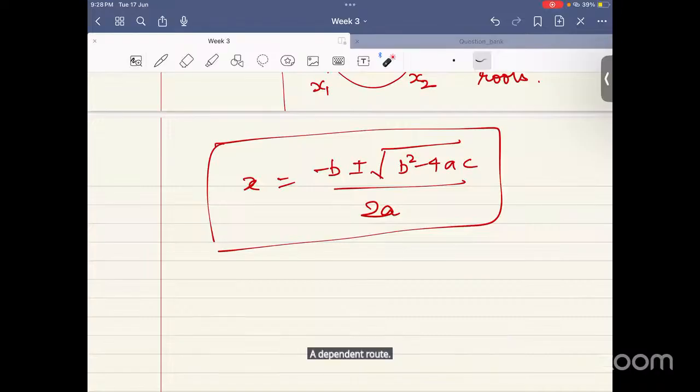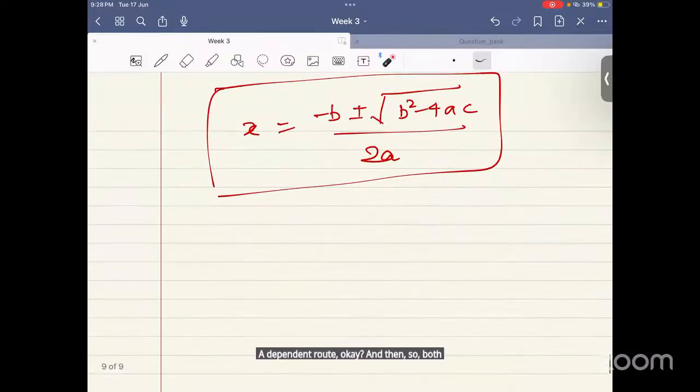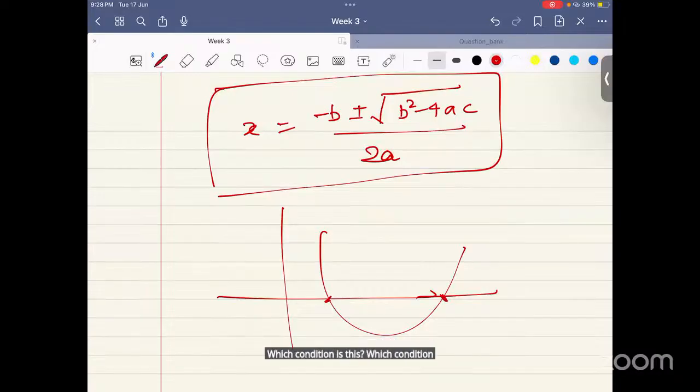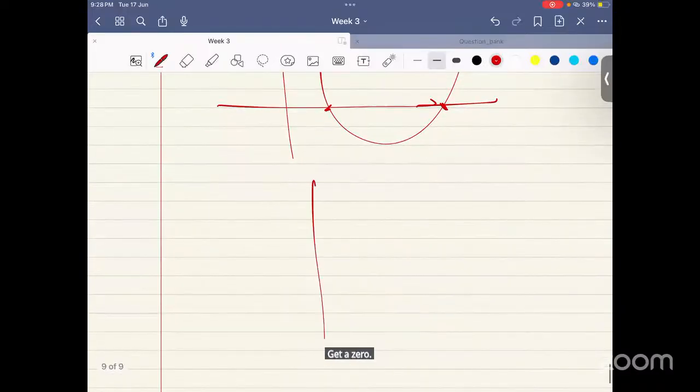Okay. So you can think of both conditions like this. If you are getting this, which condition of the discriminant is this? b square minus 4ac greater than 0. Correct.